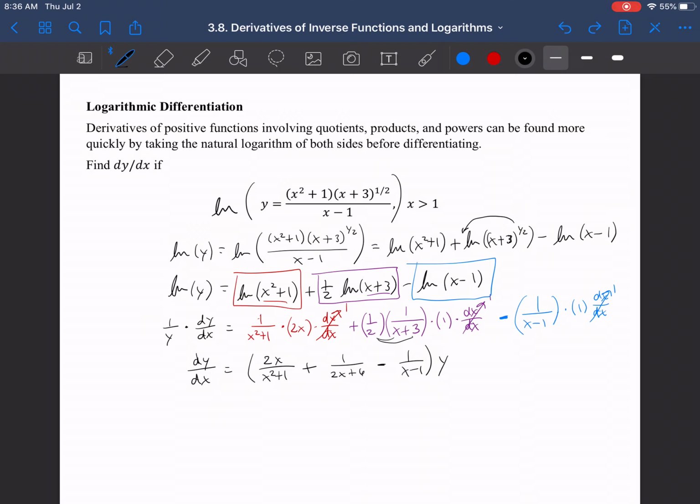We also now remember, of course, up at the top, we know what y is, right? Don't forget to do that. If you know what y is, put it in. This is y right there.